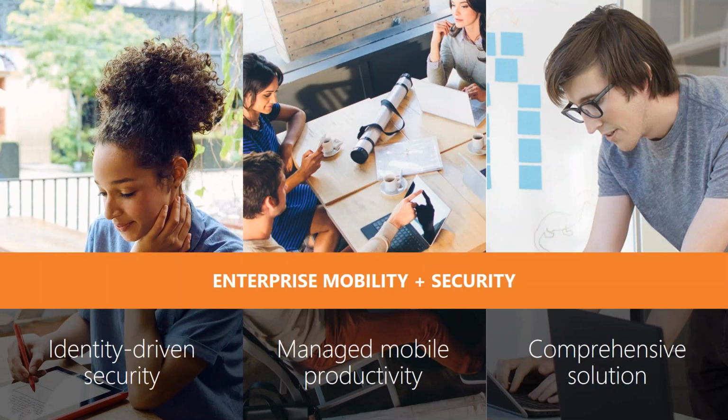The first is identity security, managing mobile productivity, and having a single comprehensive solution that isn't going to cost me the earth, isn't going to ask me to retrain, isn't going to be more complicated and more time consuming.